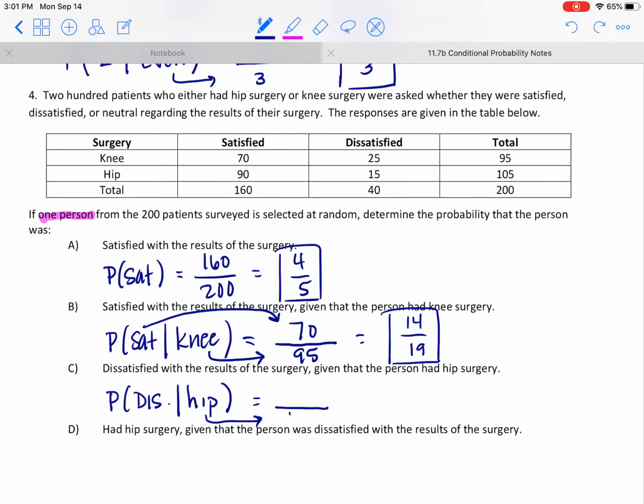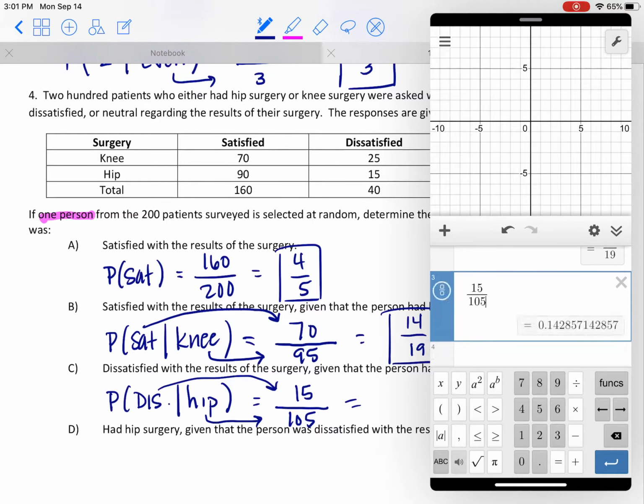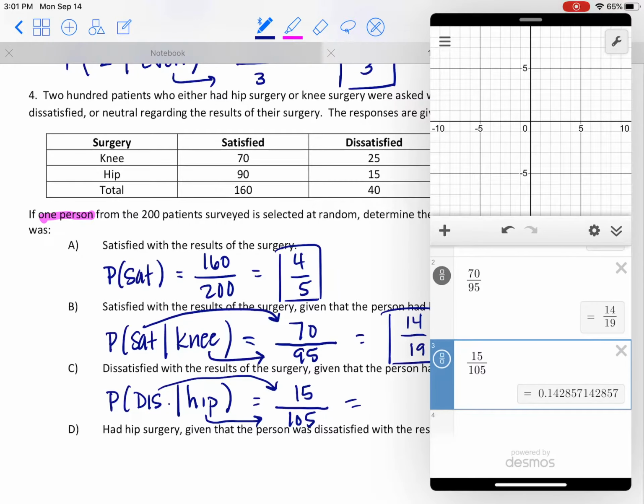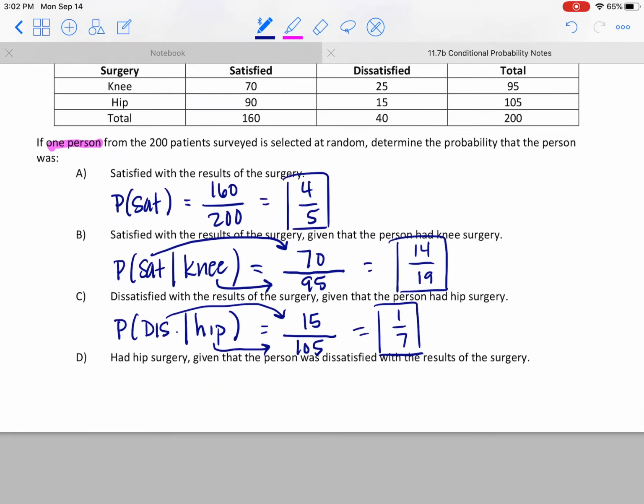Okay, so of those 105 that had hip surgery, how many were dissatisfied? 15. Okay, so 15 out of 105. Dissatisfied was the 15. And again, let's do some reducing. 15 over the 105 becomes 1/7.